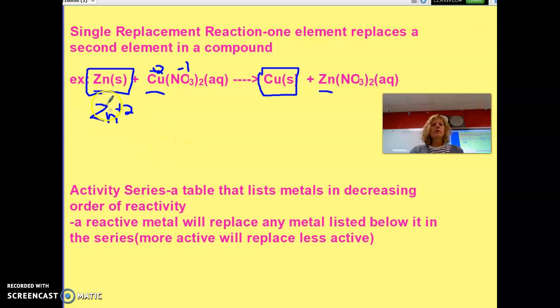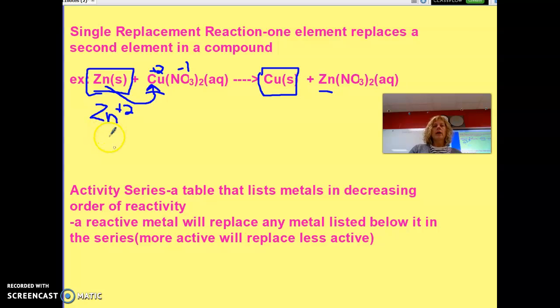So the cool thing about this is that the zinc is going to bump copper off of this compound. And since they're both +2, it does combine in exactly the same way.